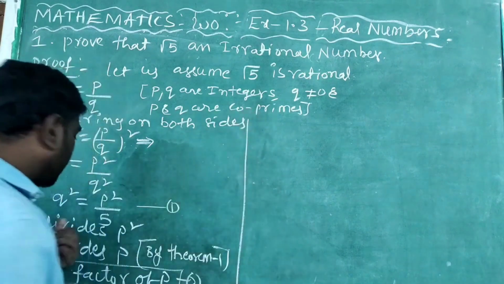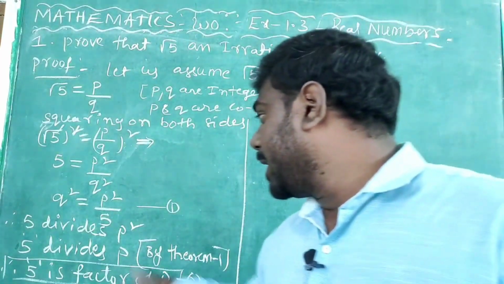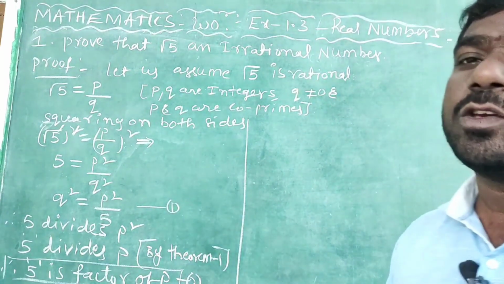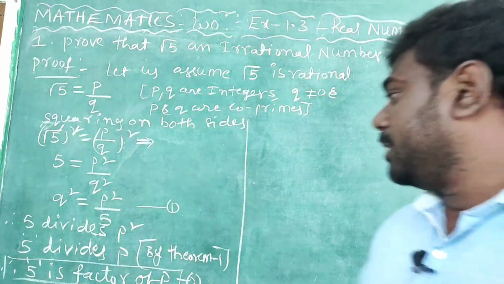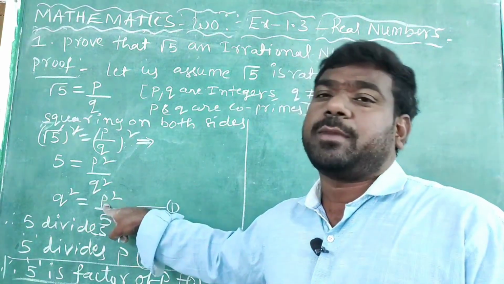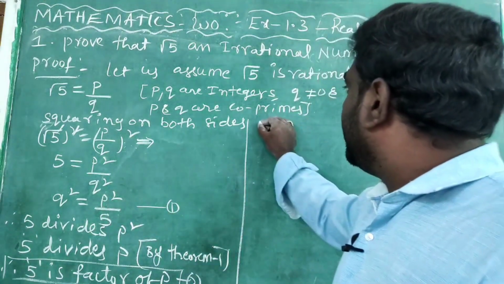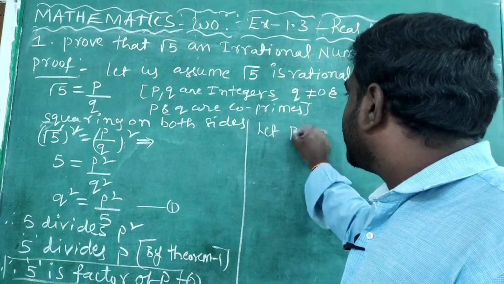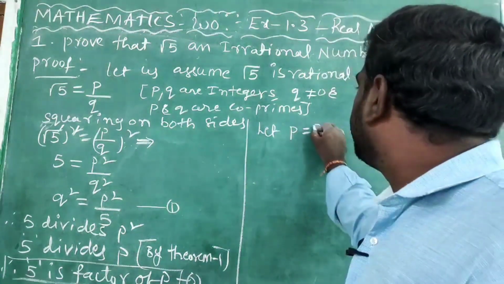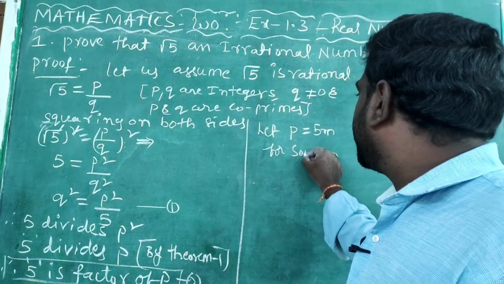Now, P consists of the factor 5, so what about Q? Instead of P, I am taking some value. Let P equal 5m for some integer m.